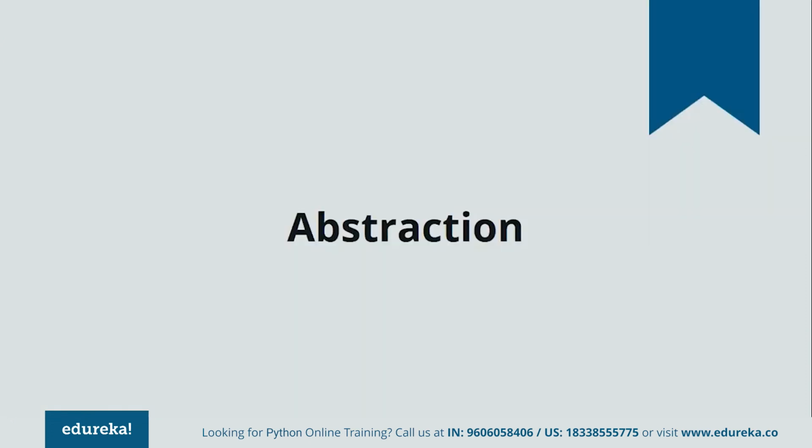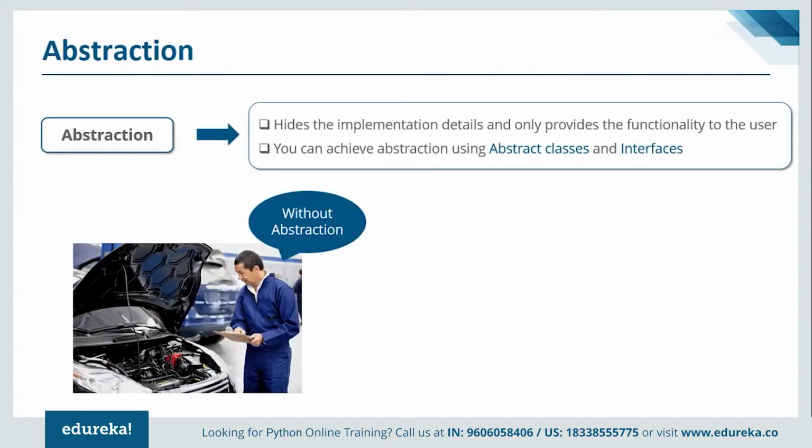Apart from that, one of the major concepts with respect to object-oriented programming is abstraction. Abstraction means that it hides the implementation details and only provides the functionalities to the user. If you look at the image here, a mechanical engineer or an automobile engineer who works with your car is aware of the inside and out of your car.